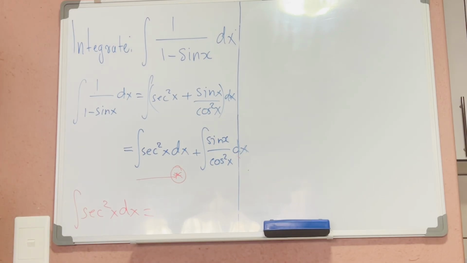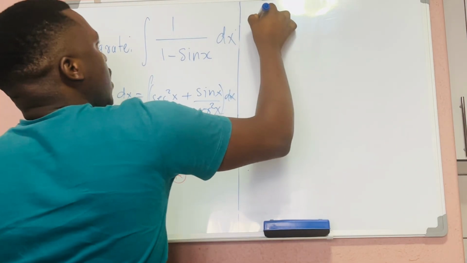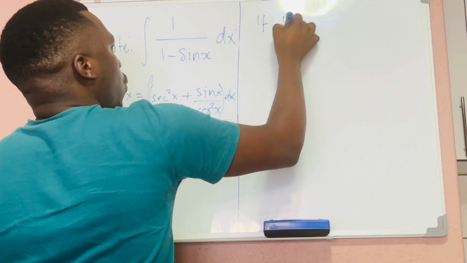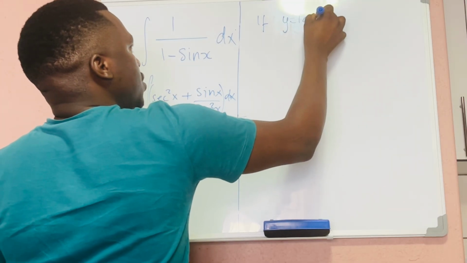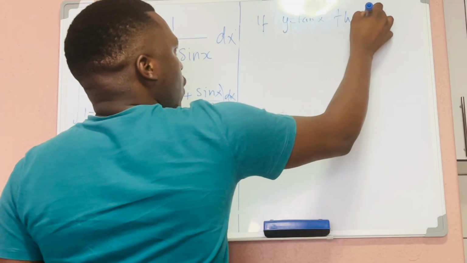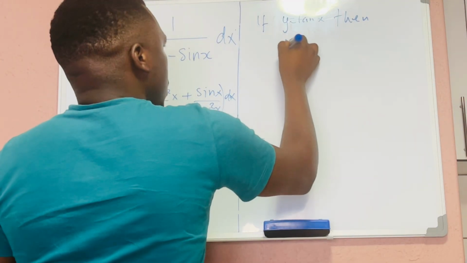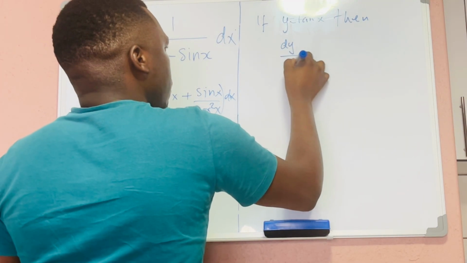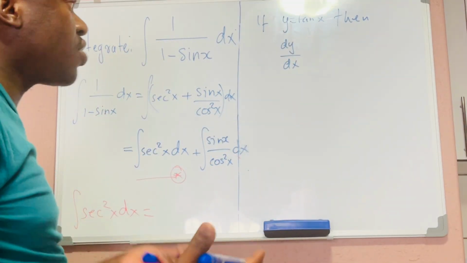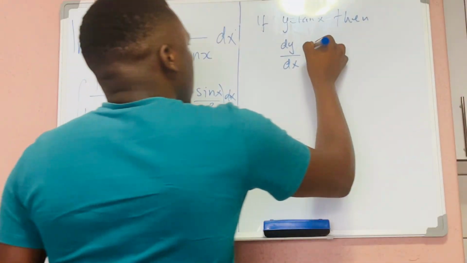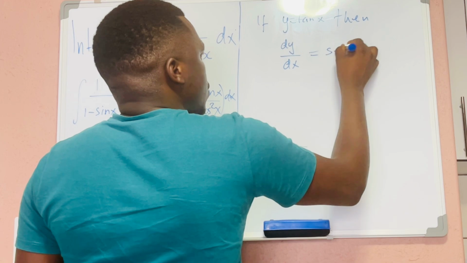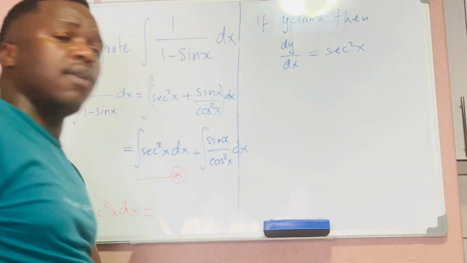All right, now if we go back to our derivatives, we know that if y is equal to the tangent of x, then what is the derivative? The derivative is actually dy over dx, meaning that you are differentiating y with respect to x. This is actually your secant squared of x.